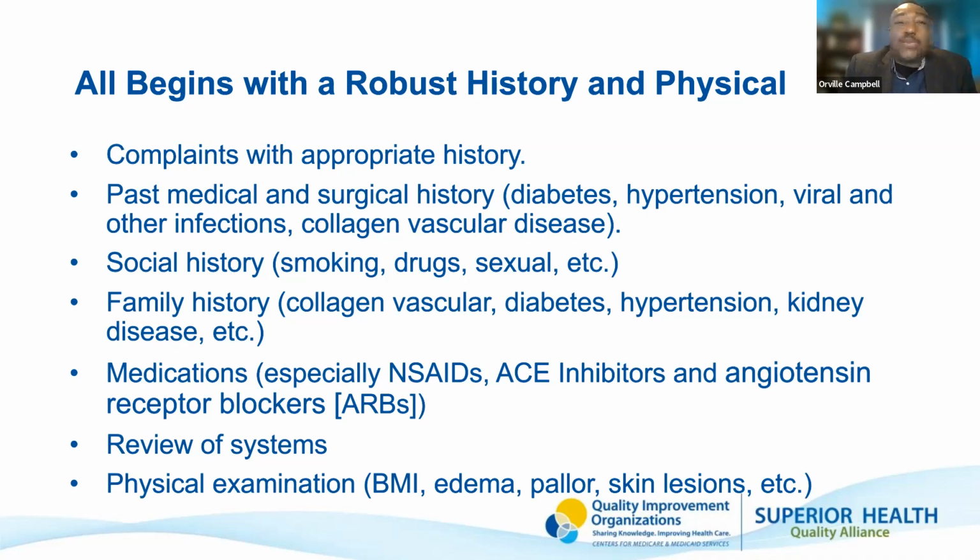Smoking, as well as sexual history. Why is sexual history important? Chronic hepatitis C and hepatitis B could impact kidney function. Again, family history is important, such as collagen vascular disease, especially diabetes and hypertension.